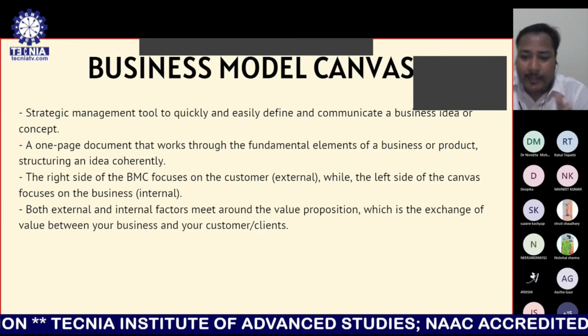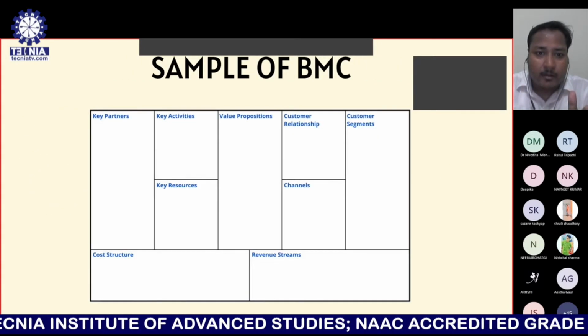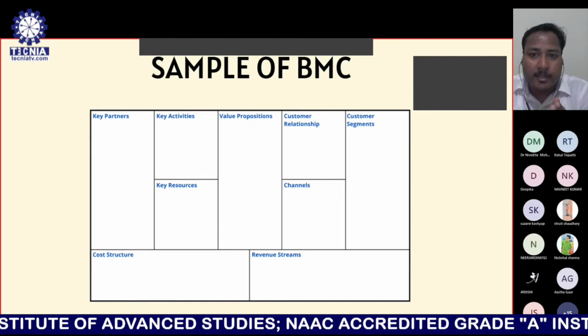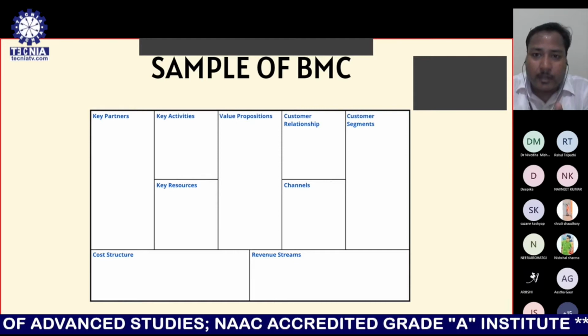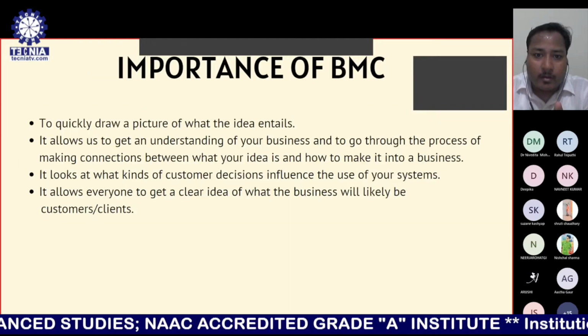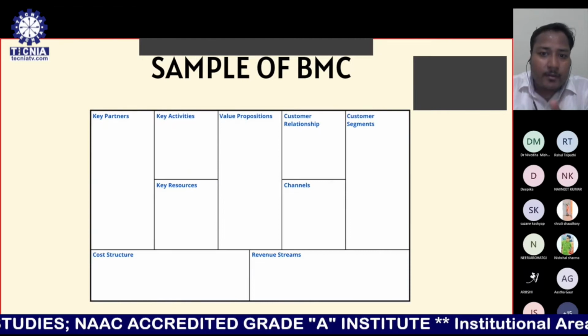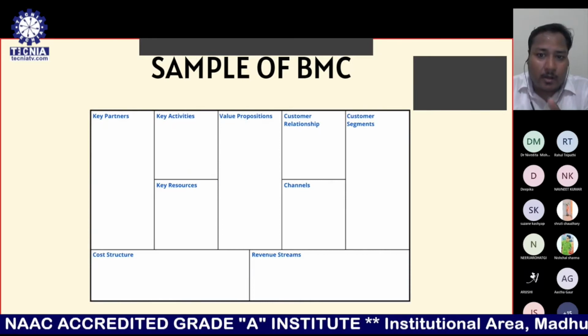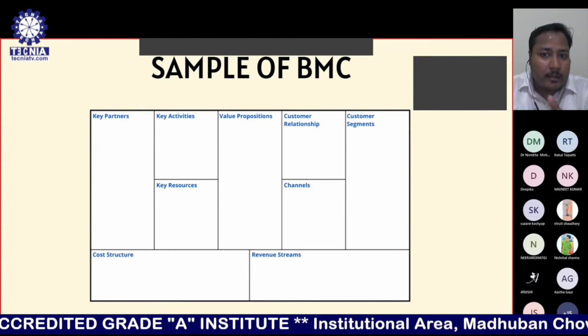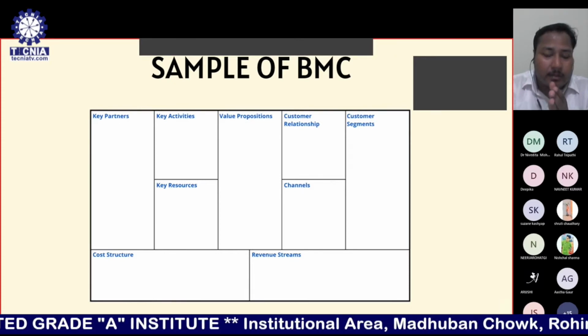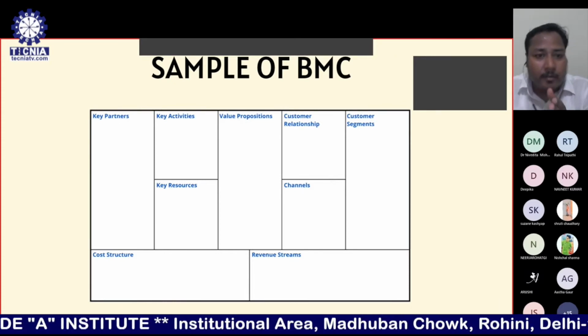On the right side, if you see, this is a sample of a business canvas. The right side of the value proposition talks about the customer side of the business.